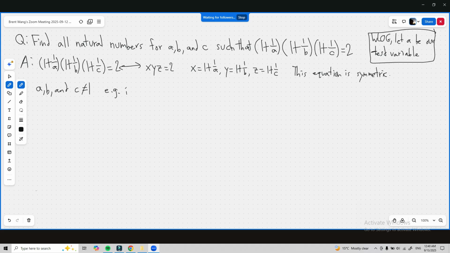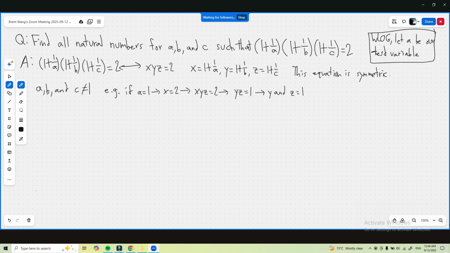If A were to equal 1, you would have x equal to 2. So then you'd have xyz equal to 2, which means that yz would just equal 1. The maximum you could do, at most, would be y equals 1 and z equals 1.